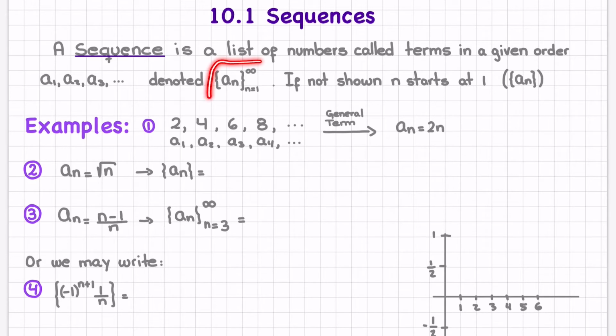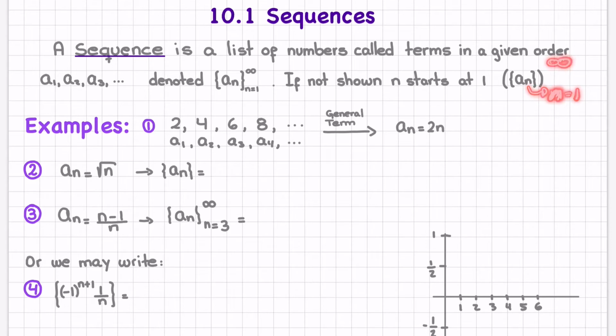And we denote a sequence like this. A is like the general name of that family, and then a sub-index says if you're talking about the first, second, third, or fourth term of the sequence. If you find this notation, you always assume that n starts at 1 and goes all the way to infinity.